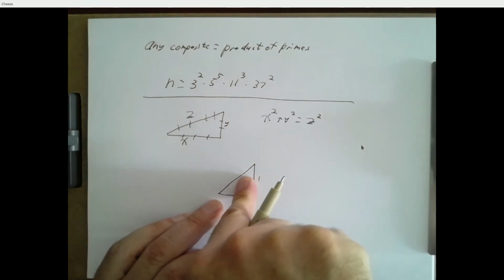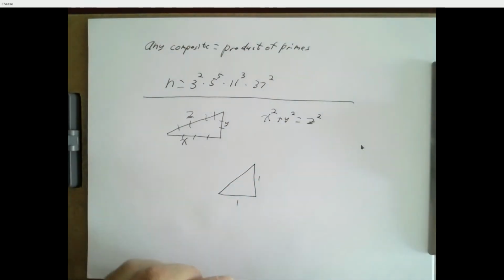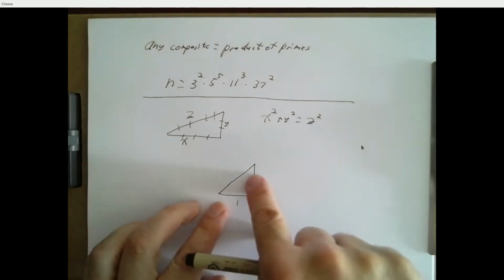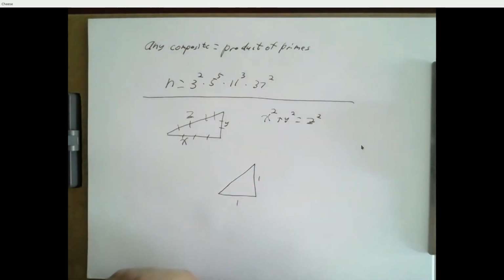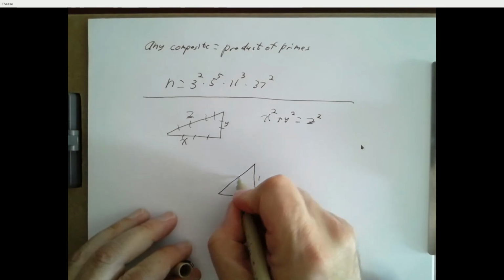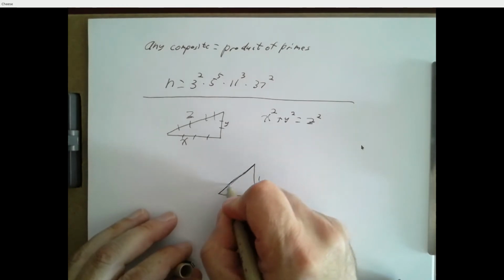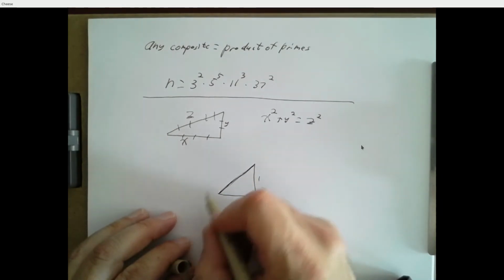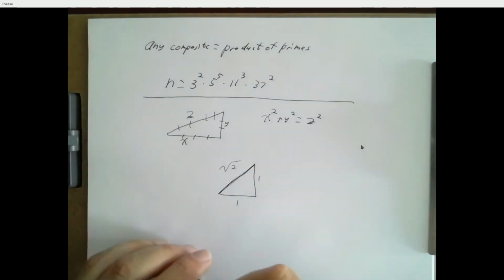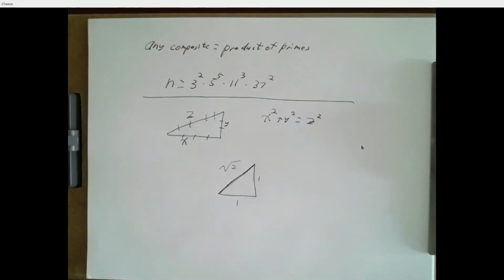It's 1.414 something. We talked briefly about the fact that they wanted to find a fraction of whole numbers that corresponded to this length. Eventually they found a proof that you can't do this. This is what we call irrational. There's no fraction that corresponds to that. And that's the person they pushed off the boat because he told people about this.